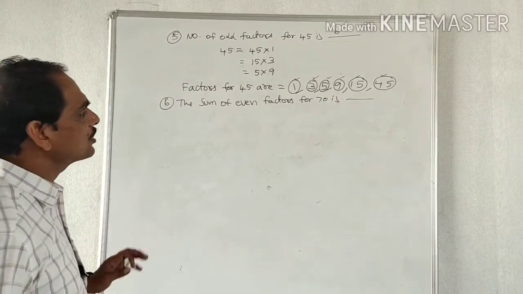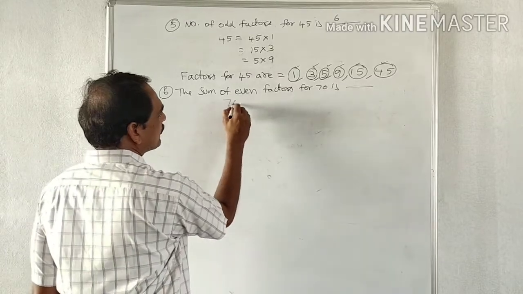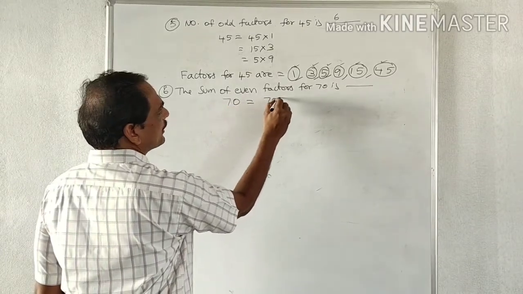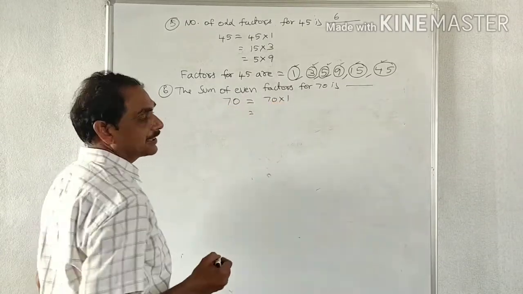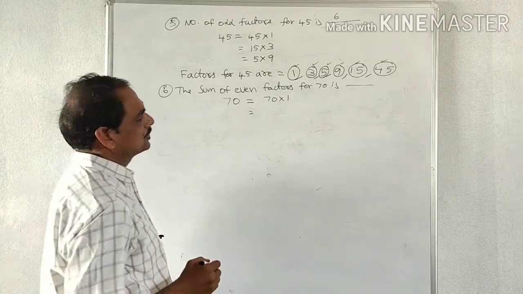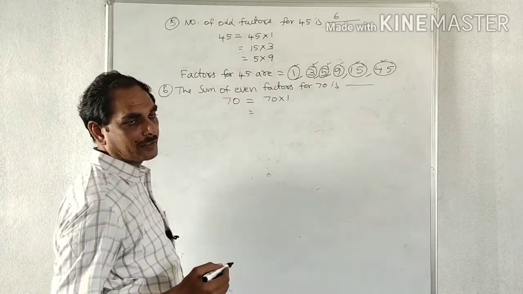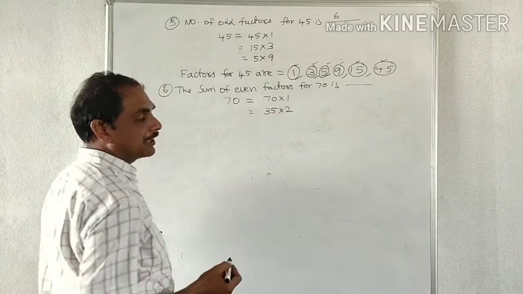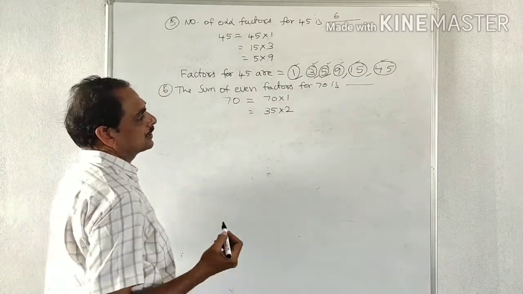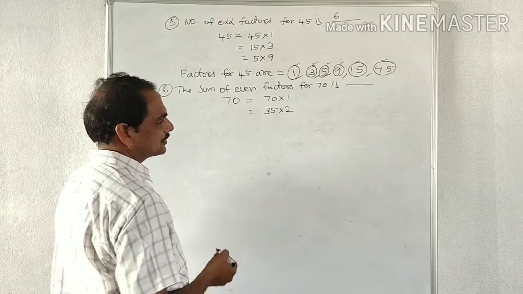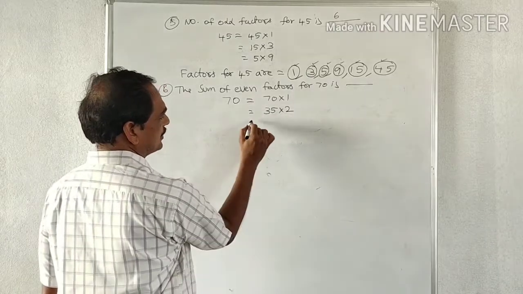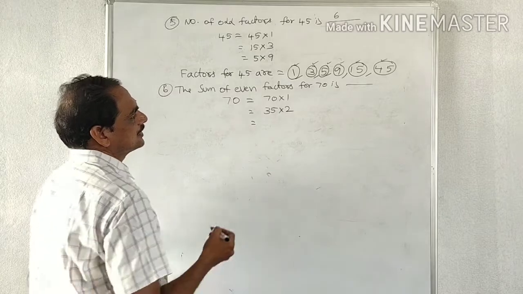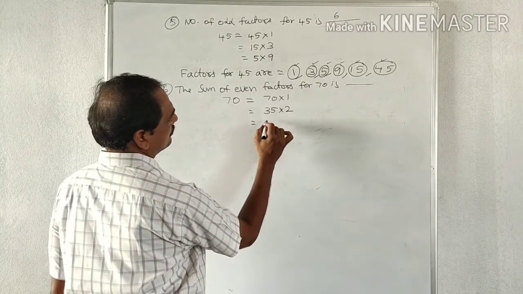Here also we find the factors for 70. 70 once is 70. It is divisible by 2 since it is an even number. When we divide 70 by 2, we get 35 as the quotient. So 35 twos are 70. Next, 10 sevens are 70, and 5 fourteens are 70.